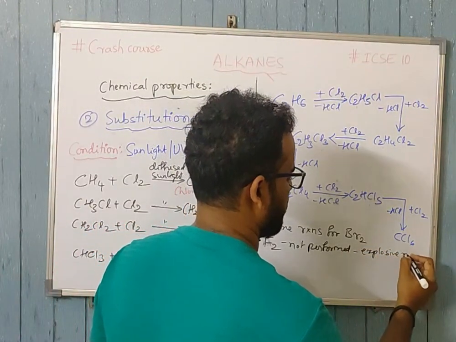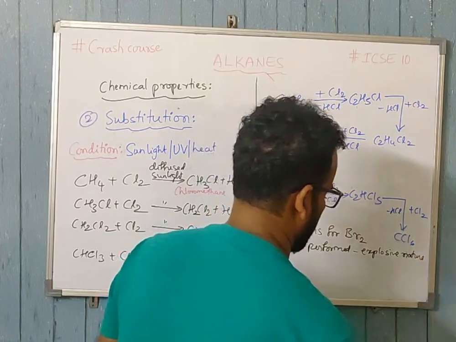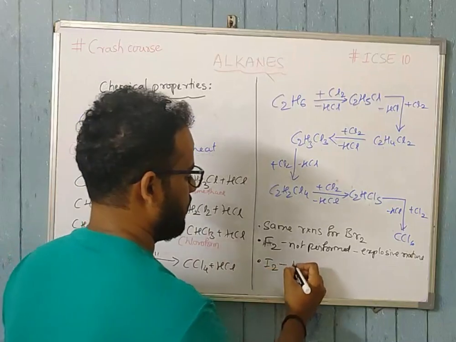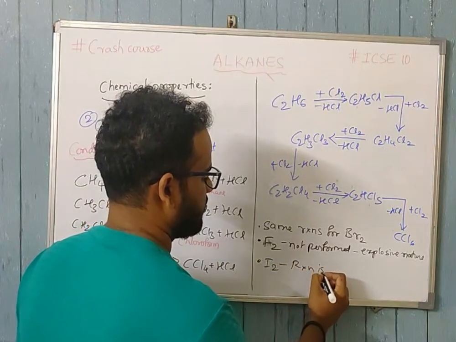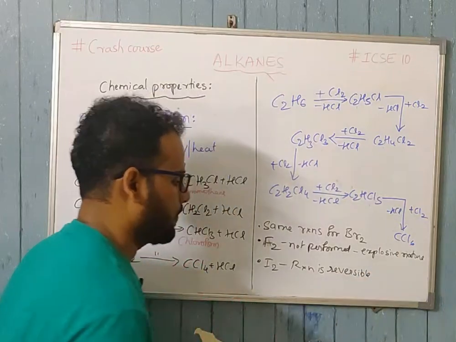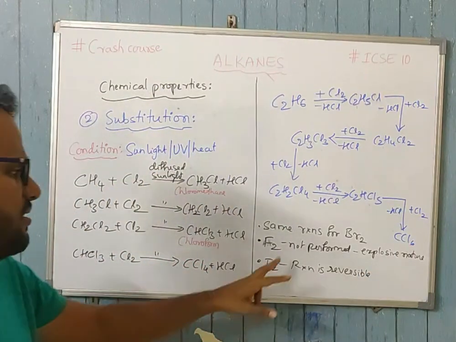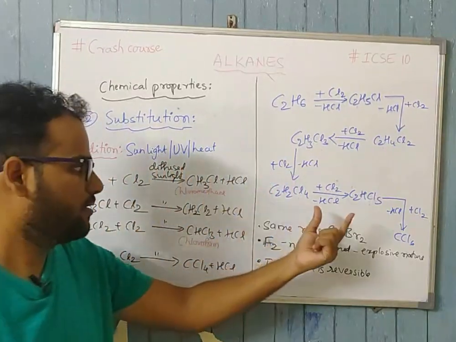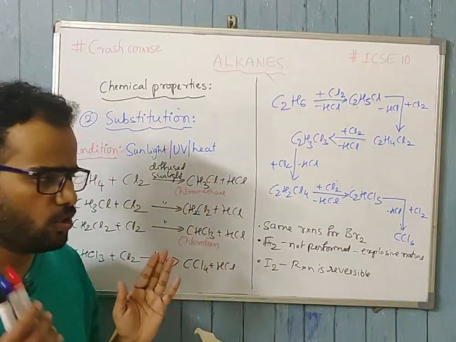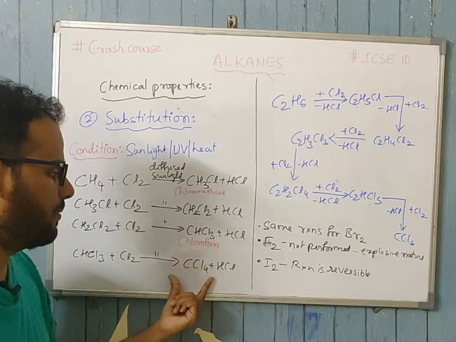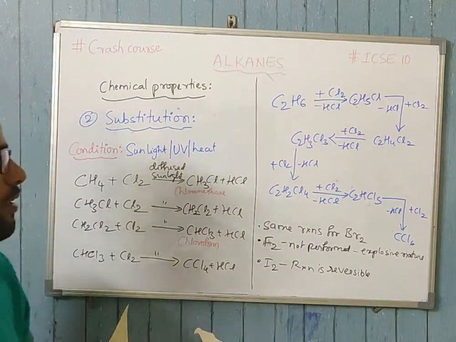For iodine, the reaction is reversible. Okay, so no need to worry about that, just remember these points. So chlorine, bromine, these two reactions you have to know, and the IUPAC names. Common names for chloroform, carbon tetrachloride. Okay, note this.